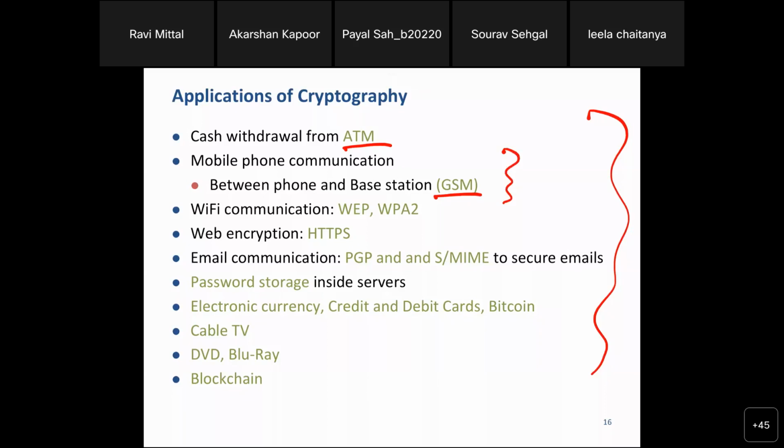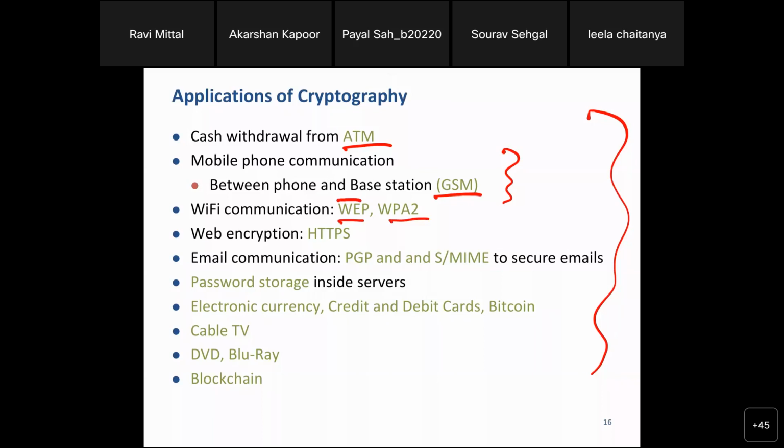The air part of the communication is all encrypted, and also beyond. Okay, Wi-Fi: whatever communication you receive from the Wi-Fi router to your cell phone or your laptop is all encrypted, right? These are the two encryption mechanisms: WEP and WPA2.